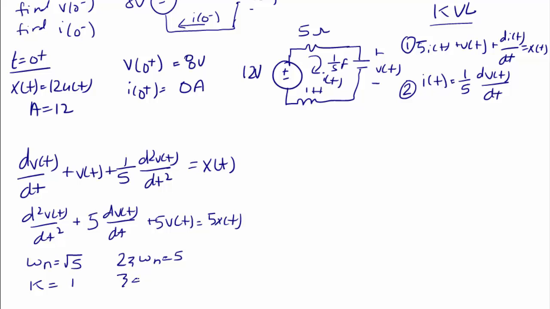So zeta is equal to 5 over 2 times the square root of 5, or the square root of 5 over 2. In this case, zeta is greater than 1, so we have an overdamped response.